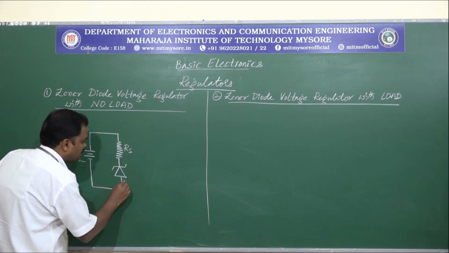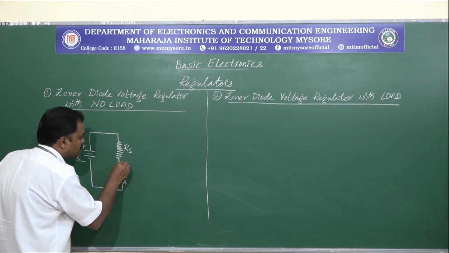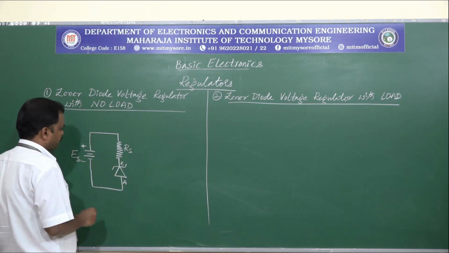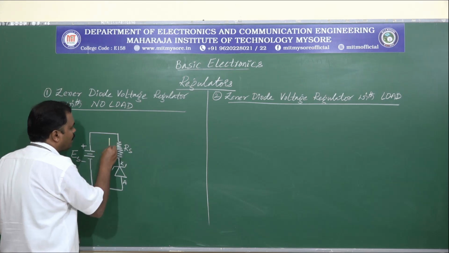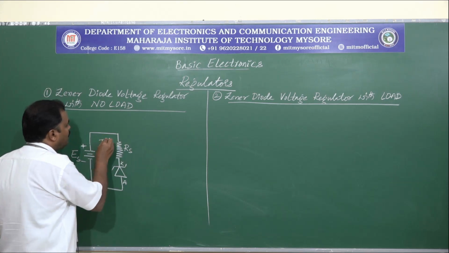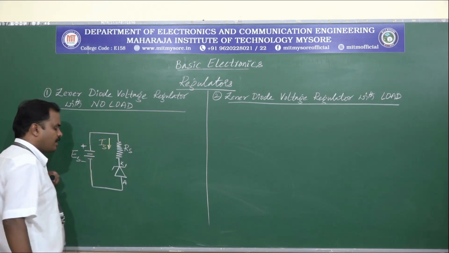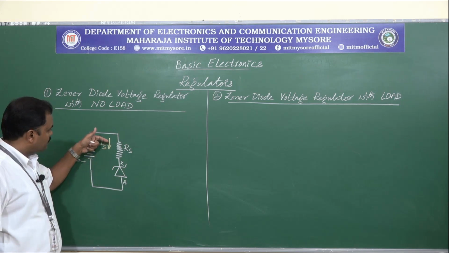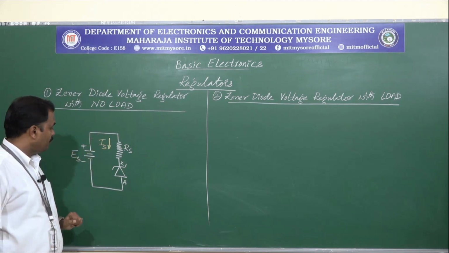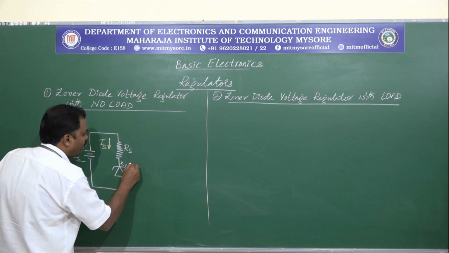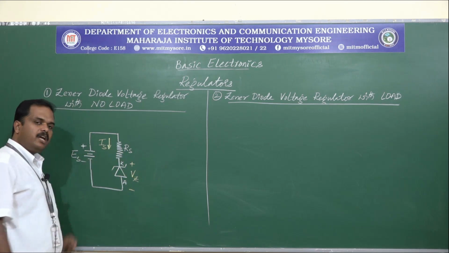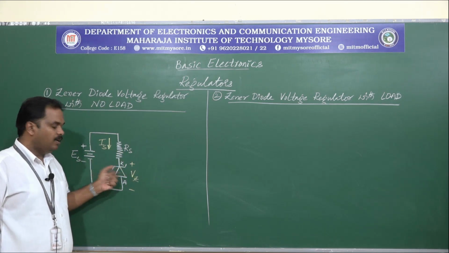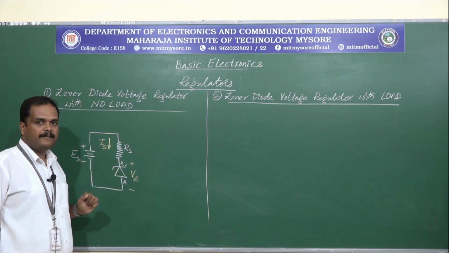Let us say this is anode and this is cathode, and let current IS be the input current that is flowing in the circuit, and here we have a voltage across the Zener, what we call as Vz.